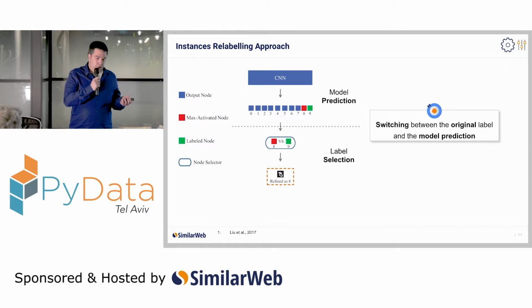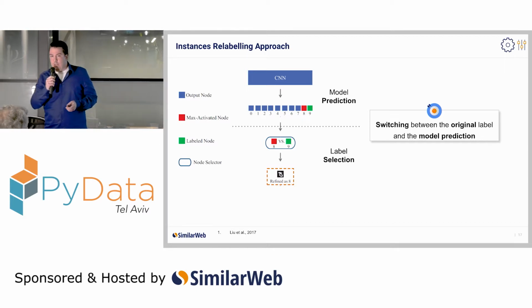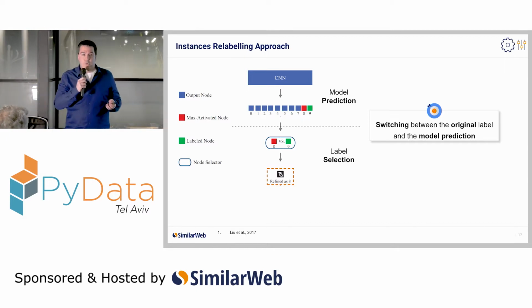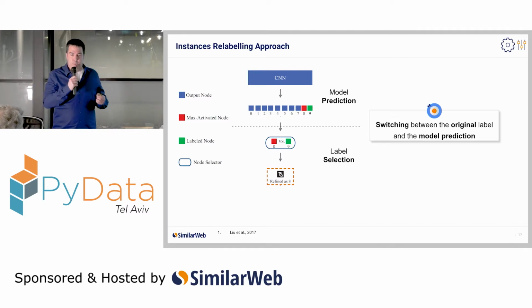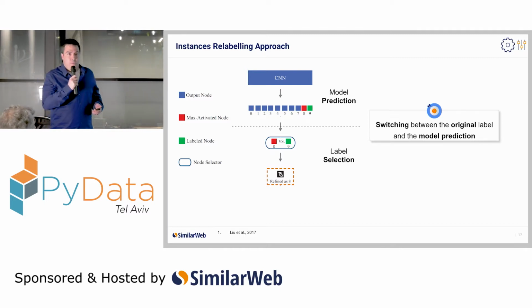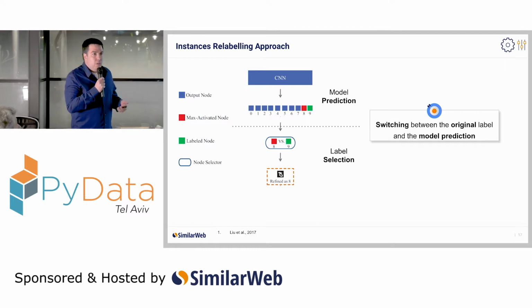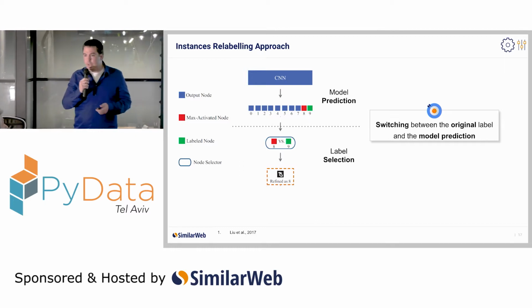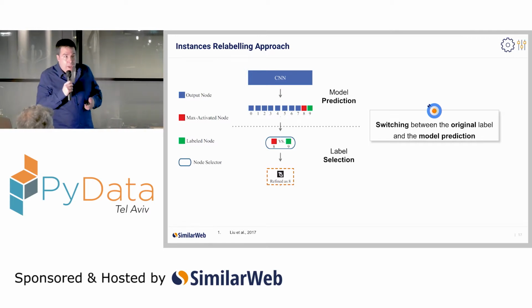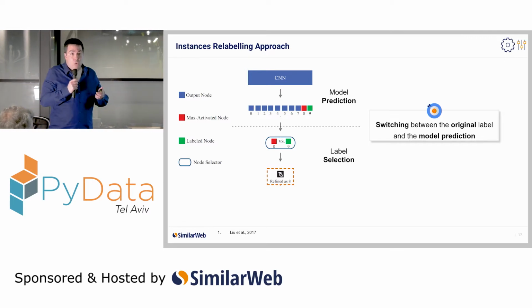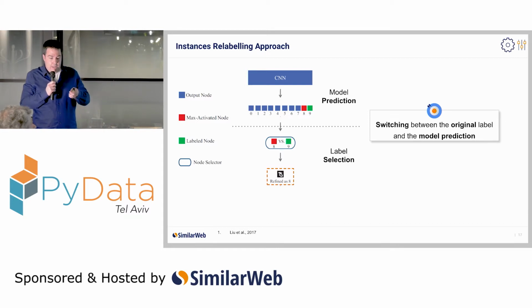In each epoch, the model selects for each instance the label as the max activated neuron, that is the model prediction based on the prediction from the previous epoch, or the original label. The model gives the opportunity for the neural network to update each label for each instance in every epoch, and by so hopefully to correct noisy labels in the data.